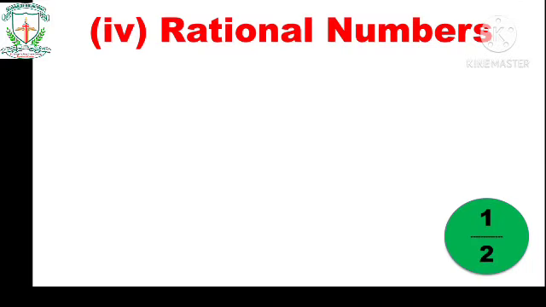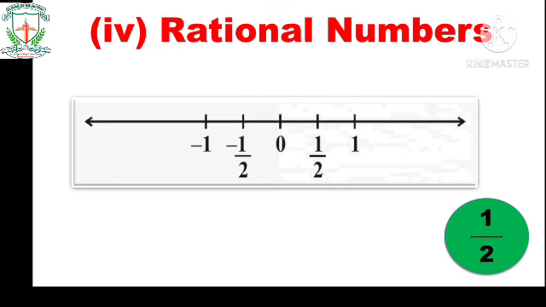Now let's talk about how to represent rational numbers on the number line. Now let us consider a number line. See, you can observe 0 is in the center, positive numbers are on the right side and negative numbers are on the left side. So we'll represent 1 by 2 on the number line.